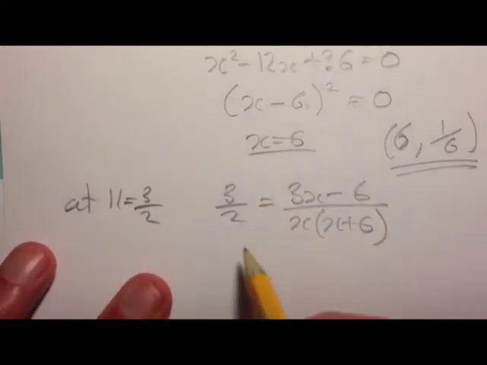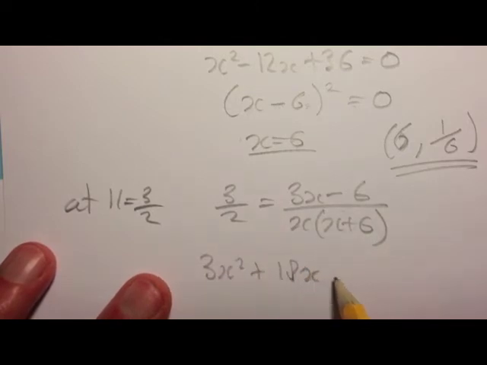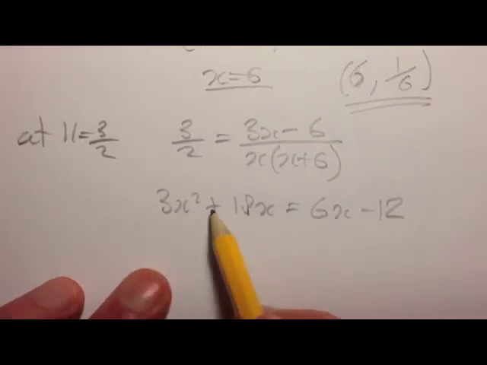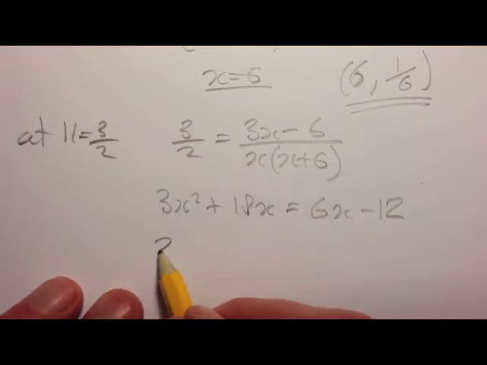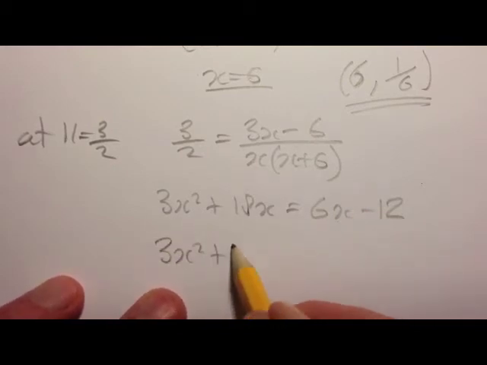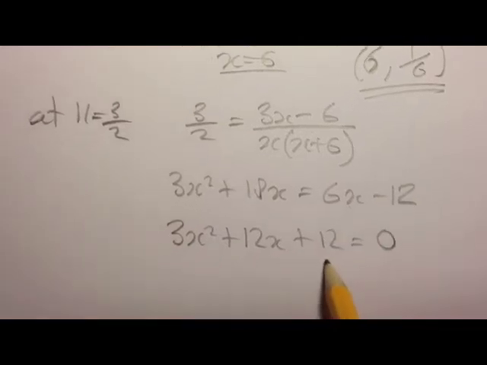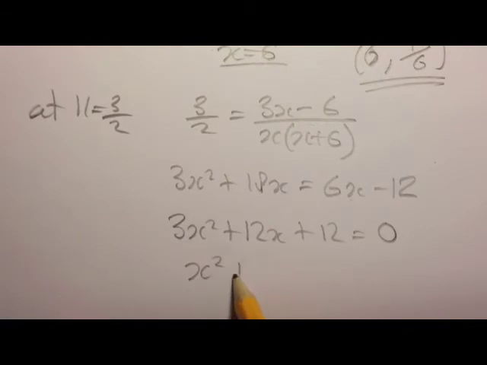Again, cross multiply, and we're going to get 3x squared plus 18x equals 6x minus 12. Bringing all the terms to one side, solving as a quadratic, we're going to get 3x squared plus 12x plus 12 equals 0. Divide through by 3, x squared plus 4x plus 4 equals 0.